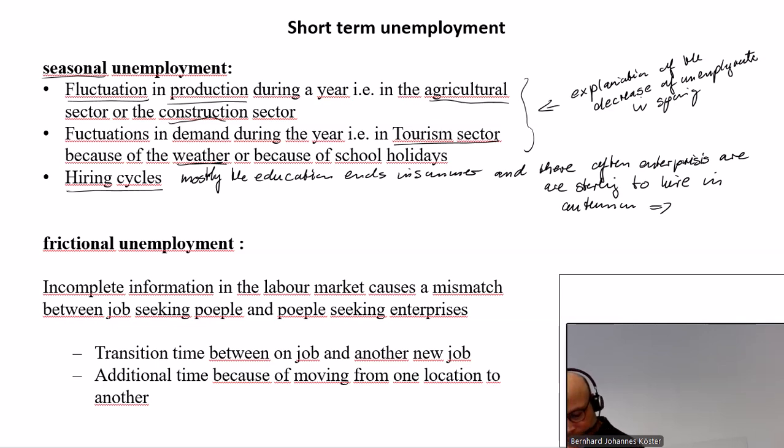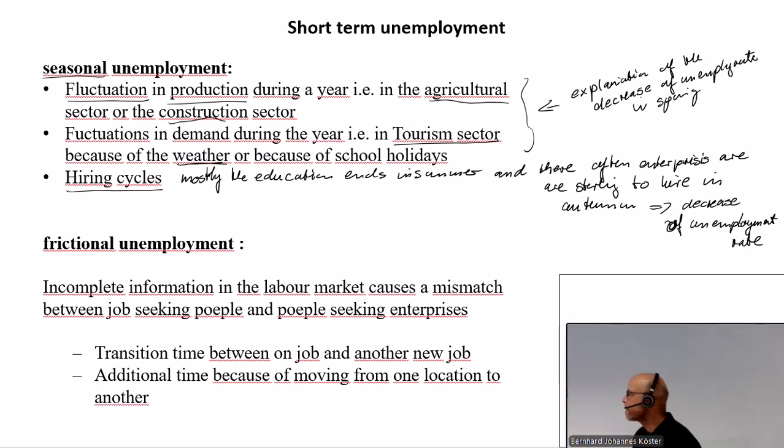And this then also means that we have this decrease of the unemployment rate.